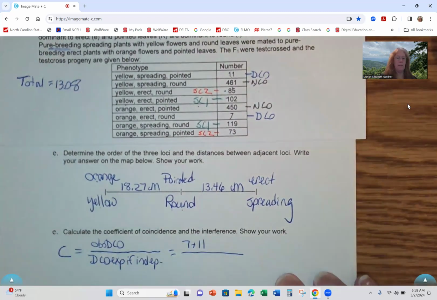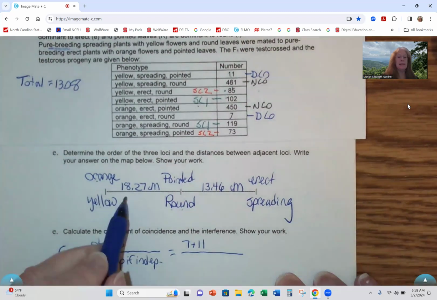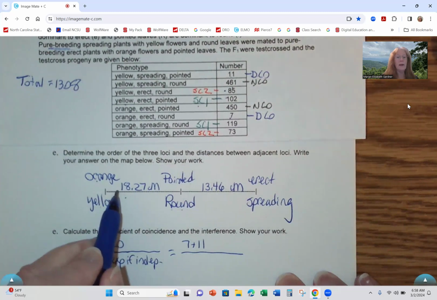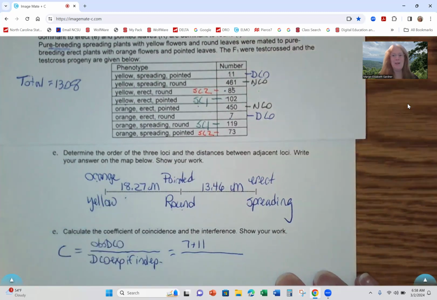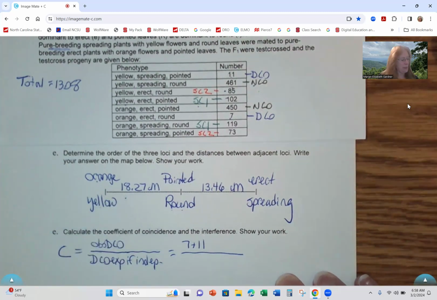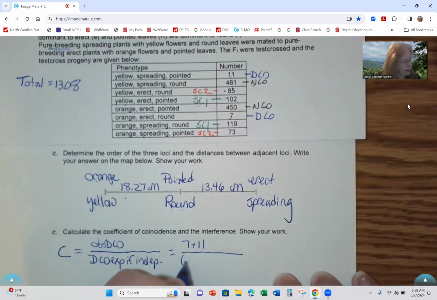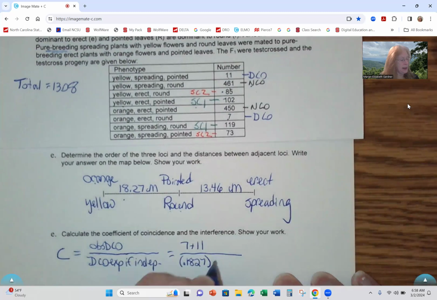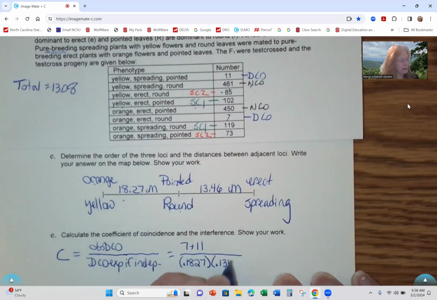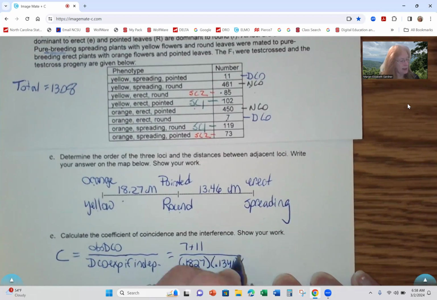Expected DCO. Well, remember, this map distance means that there is a probability of 0.1827 of getting a crossover in this region, since 18.27% of the time we have a crossover here. There's a probability of 0.1346 of getting a cross in the second region.